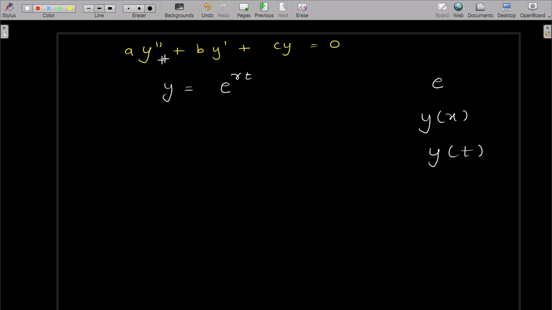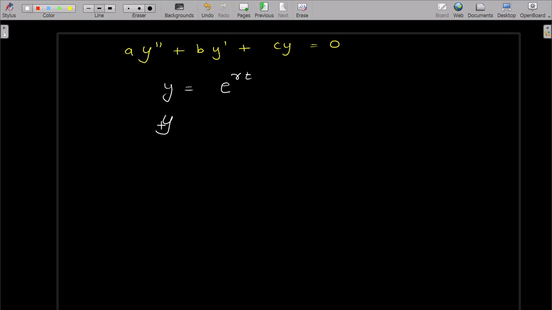The reason is that this concept is mostly used in problems in which y is a function of time, mostly in physics, so the independent variable we take as t. So we suggest that y equals e to the power rt is one solution.